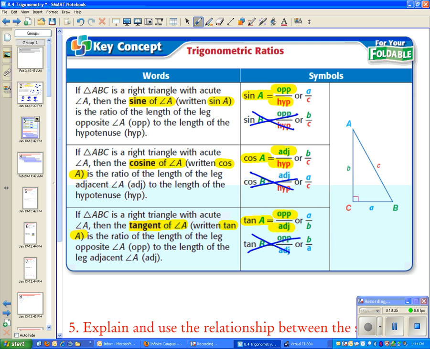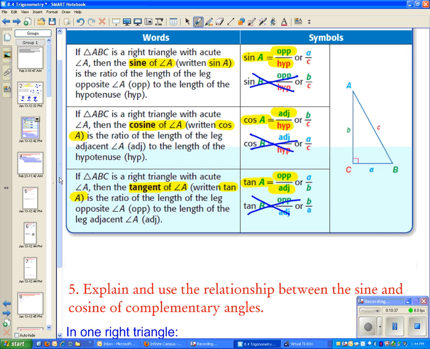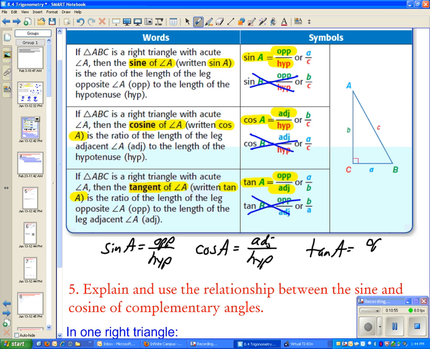So what you need in your notes is this right here. The sine of A equals opposite over hypotenuse. The cosine of A equals adjacent over hypotenuse. And the tangent of A equals opposite over adjacent.